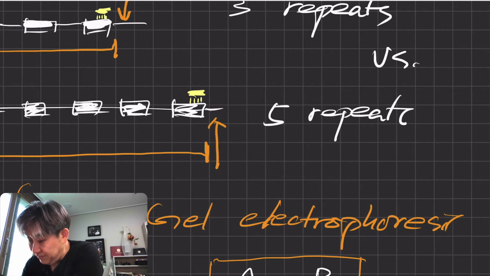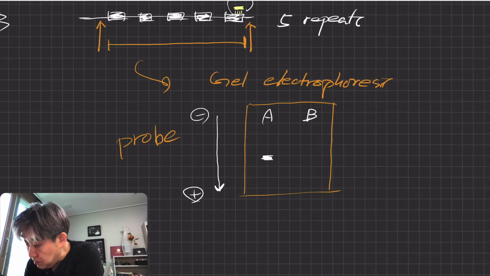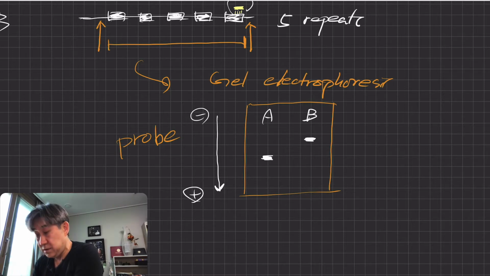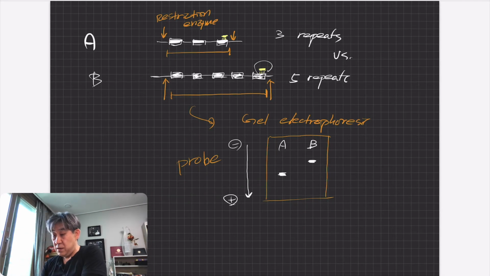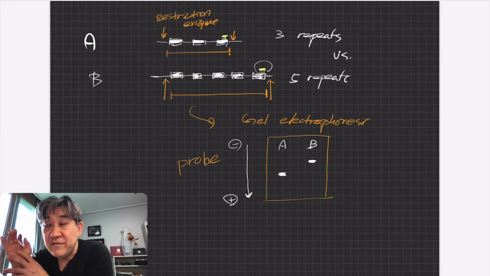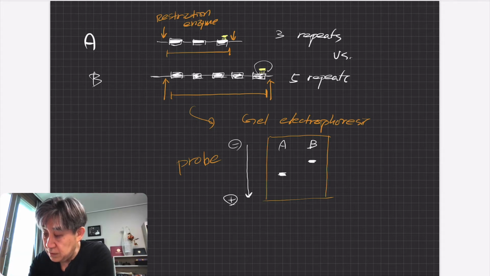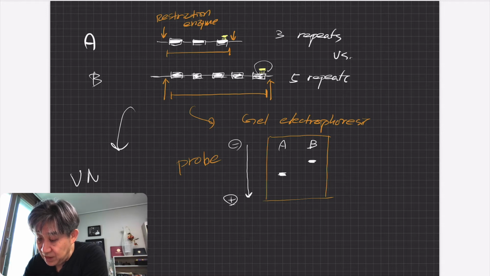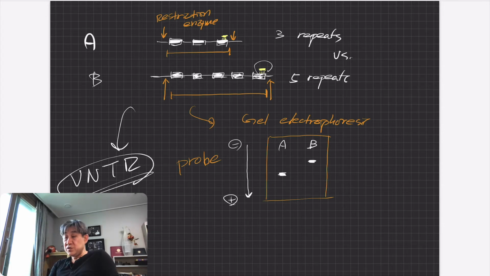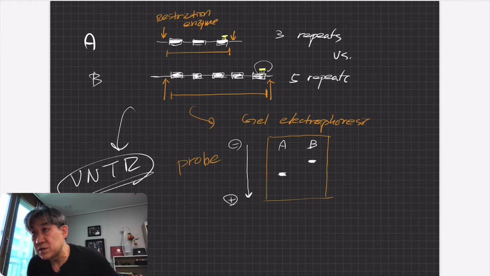So if you detect the size of the fragment with this probe, it will be larger like this. That's how you can see the difference in, let's say, one such VNTR repeat region. That's how you use this VNTR region in distinguishing different individuals by this pattern.